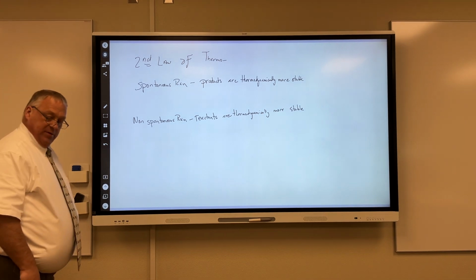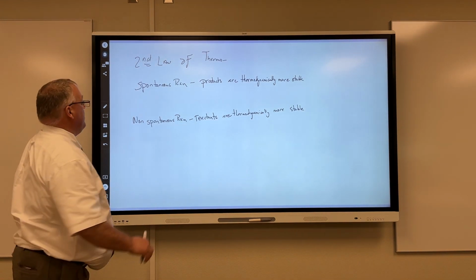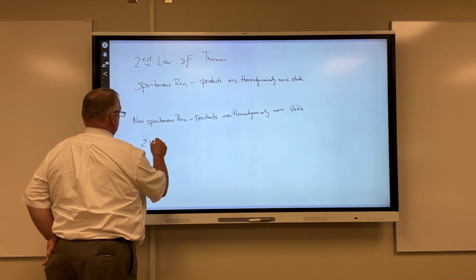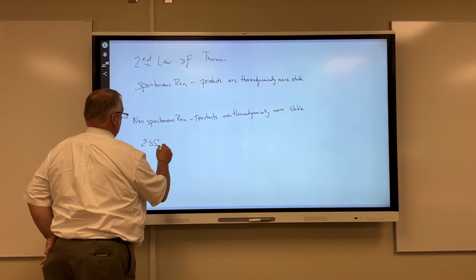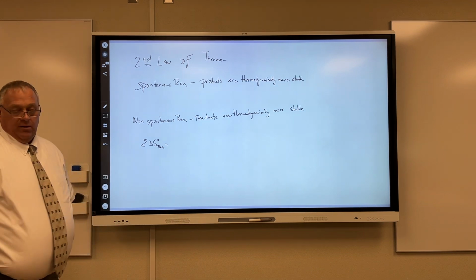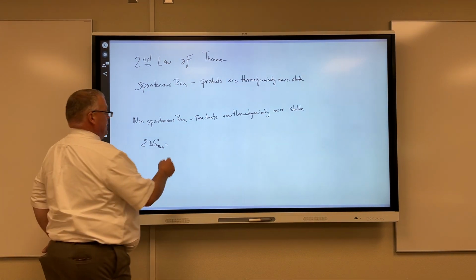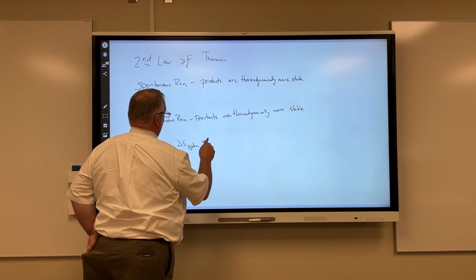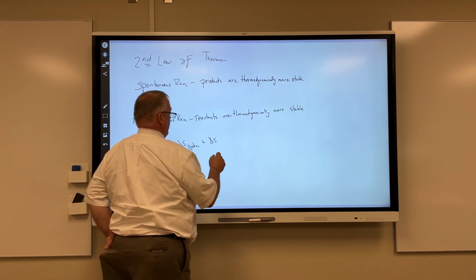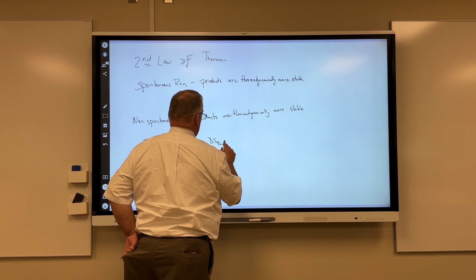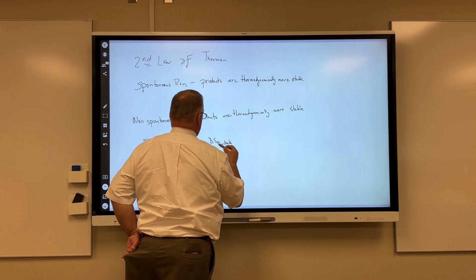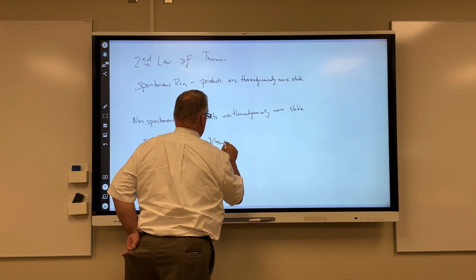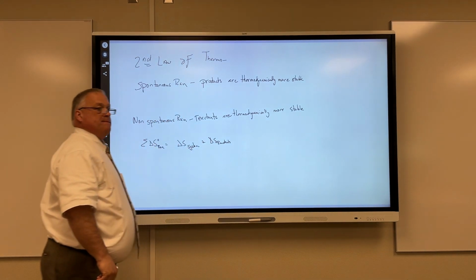The standard enthalpy change for a reaction is equal to the change in enthalpy of your system plus the change in enthalpy of your, I guess you'd say, your reactant. Okay?